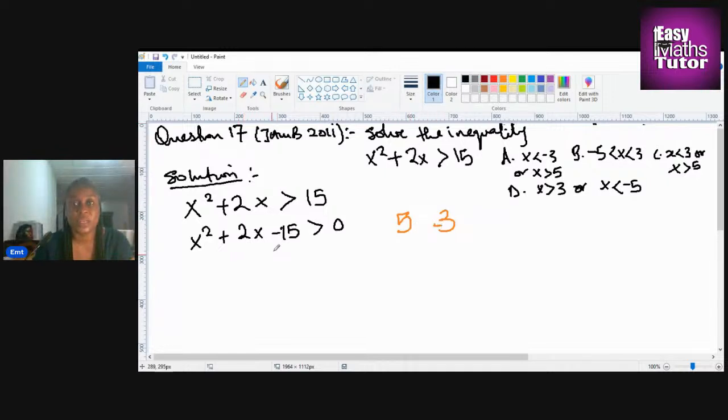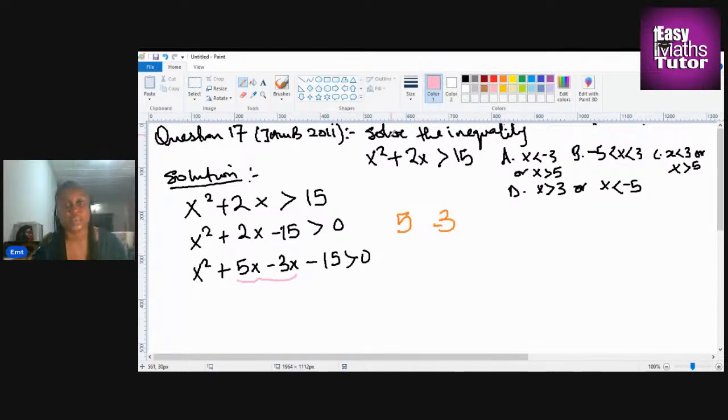All right. So we'll plug these values into the equation, which gives us x squared plus 5x minus 3x minus 15 greater than 0. Take note of the factors: 5x minus 3x gives us 2x.